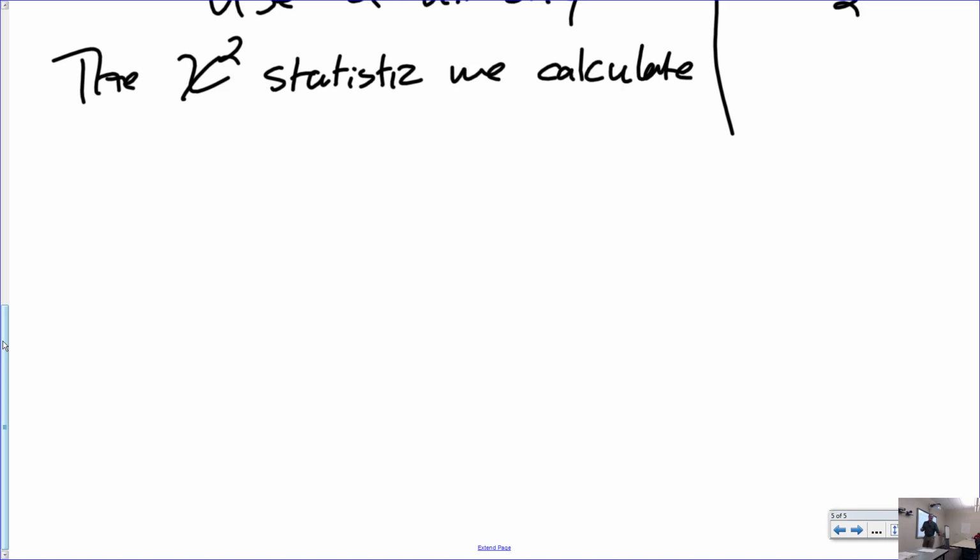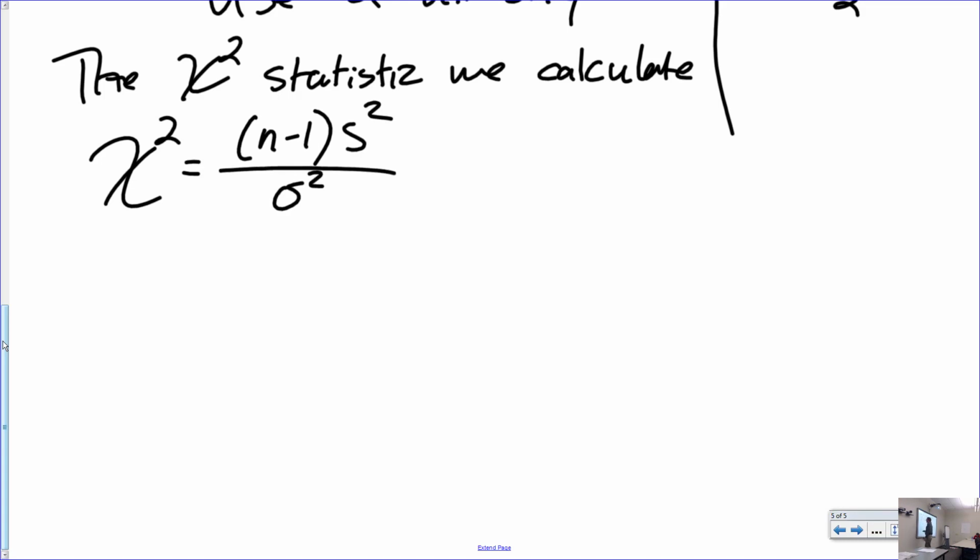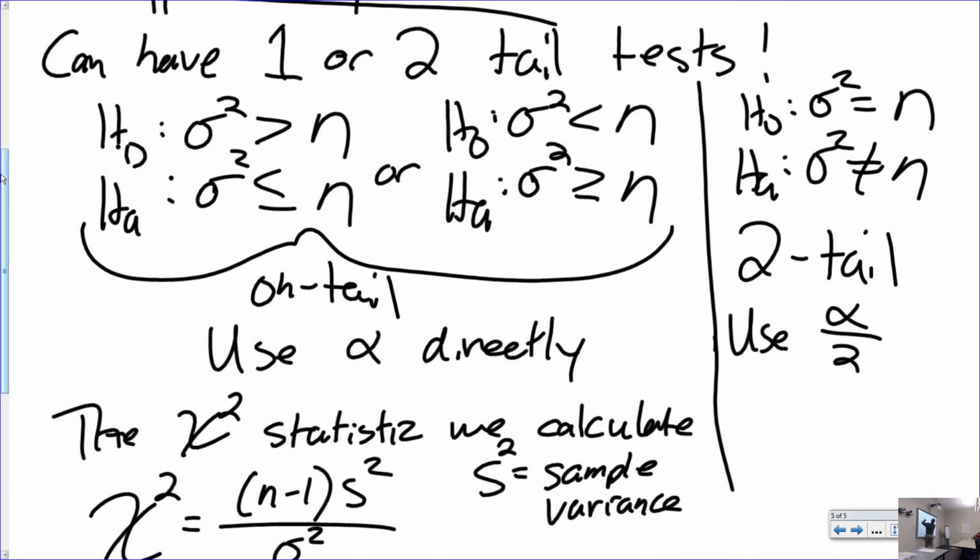The chi-squared statistic that we calculate, folks, the formula is going to look very similar. Note that S squared is going to be your sample variance. Sigma squared is going to be what you get from your H0 or your Ha, right?